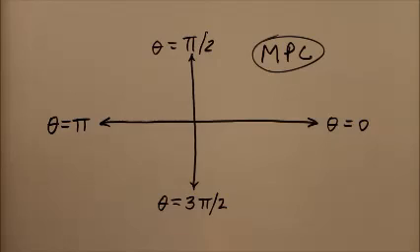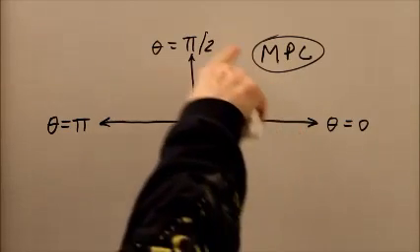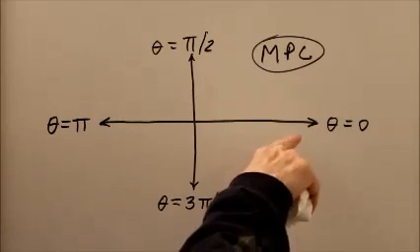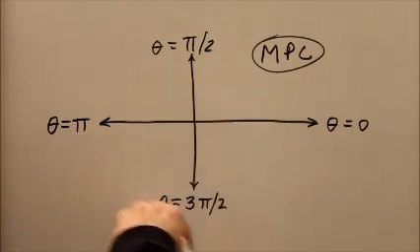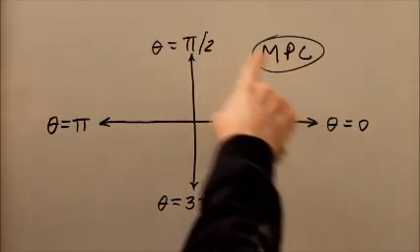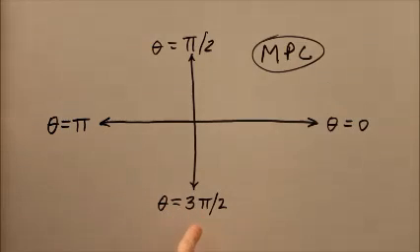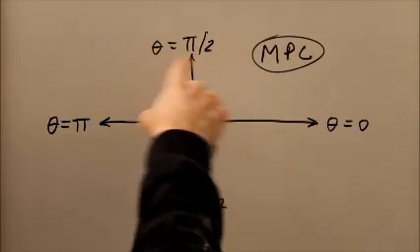We're dealing with MPC, that is called mathematician's polar coordinates, where we have a direction angle theta, which goes counterclockwise from due east, that is straight to the right, 0, pi over 2 radians, pi radians, 3 pi over 2 radians.